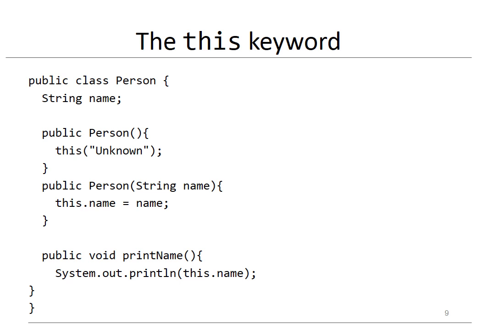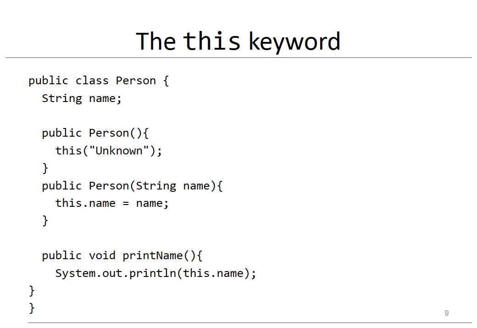The this keyword can be handy to avoid ambiguity, for example, when a local variable and an instance variable have the same name. You can see this illustrated here. We have a class Person with a string variable name. It has 2 constructors and a printName method.